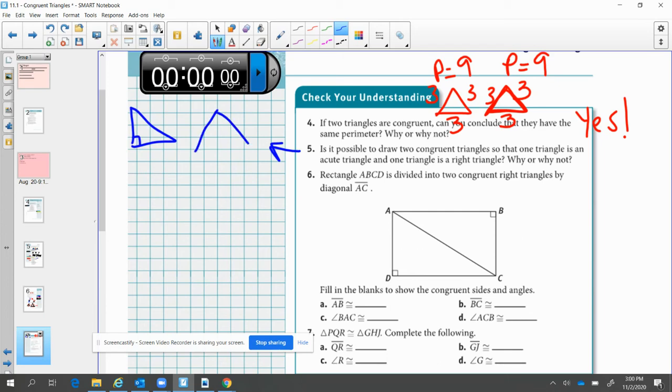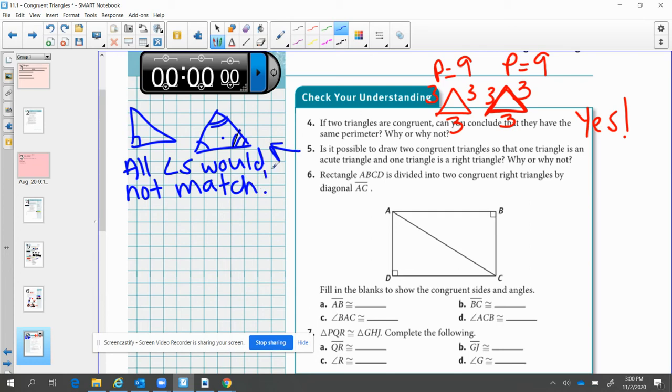And if another triangle is acute, it would have to have 3 angles less than 90 degrees, okay? So if it's going to have a 90-degree angle, it would turn into a right triangle and would no longer be acute. So all the angles would not match, and we know that's one of the criteria to be congruent. Okay, so we have to have the same size angles and sides.